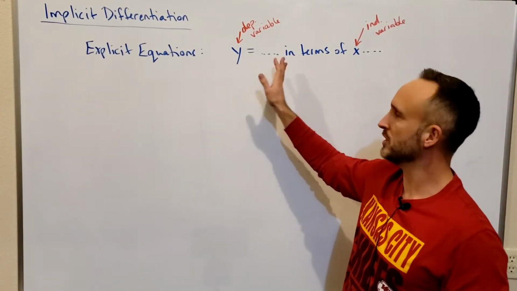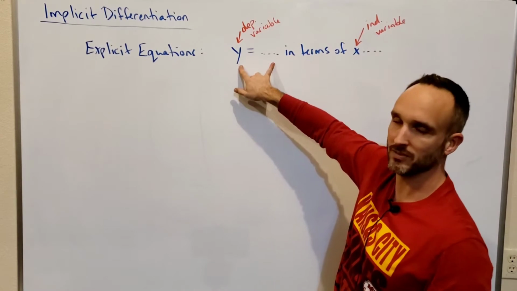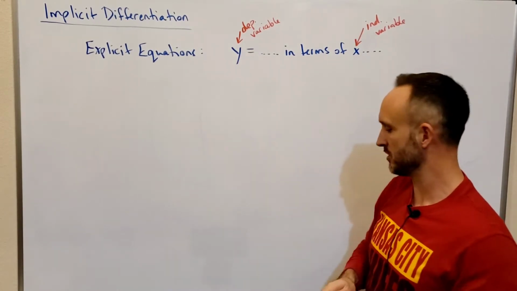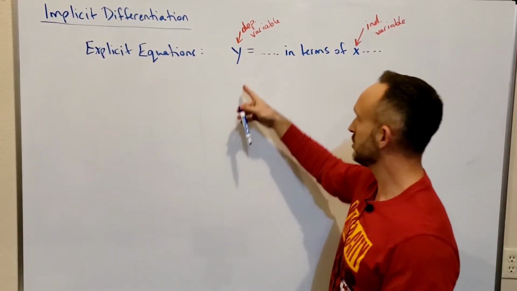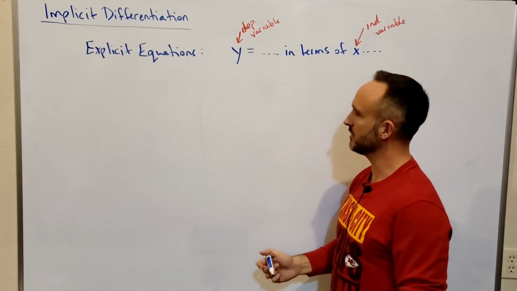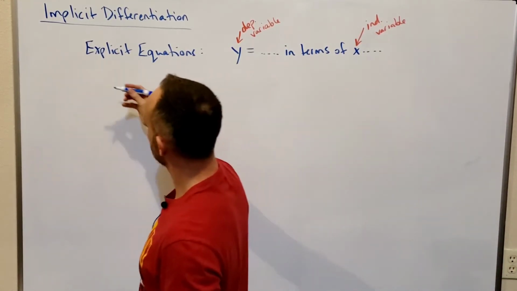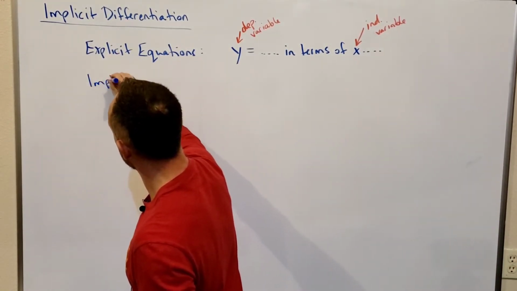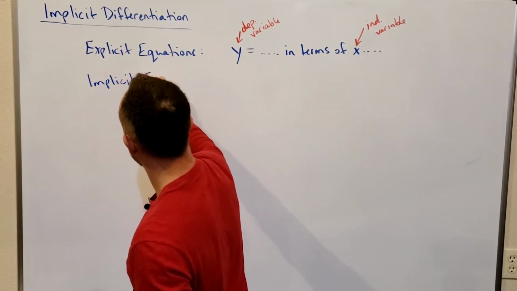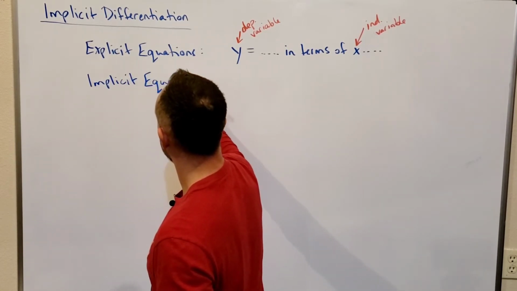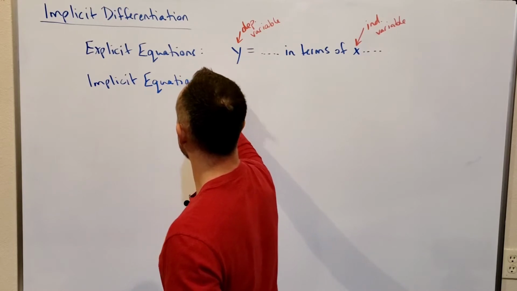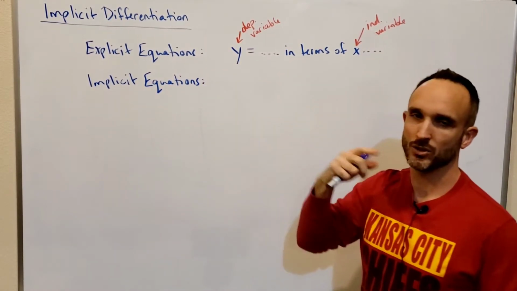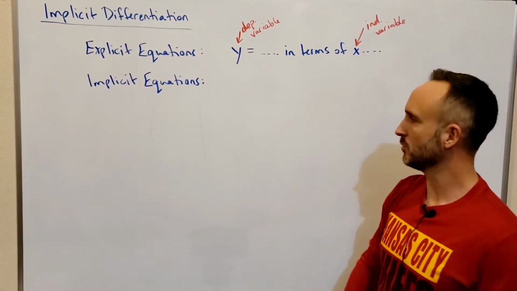We know how to differentiate functions, right? Typically functions are good examples of explicit equations. We know how to differentiate functions that are in this form. But implicit equations don't define the relationship between x and y so cleanly.